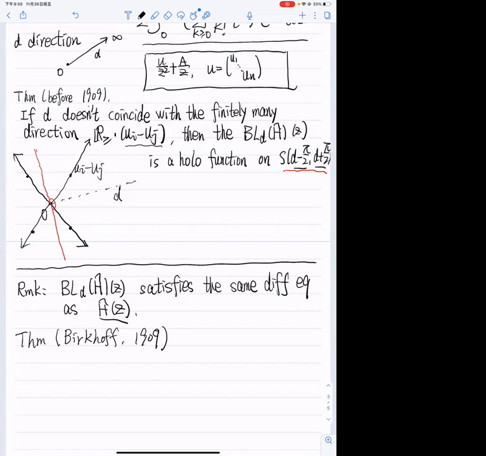So it says that on each sector, recall that we have finitely many directions which cut our complex plane, and we can take the sectors.